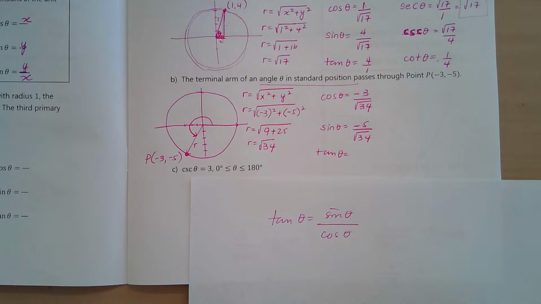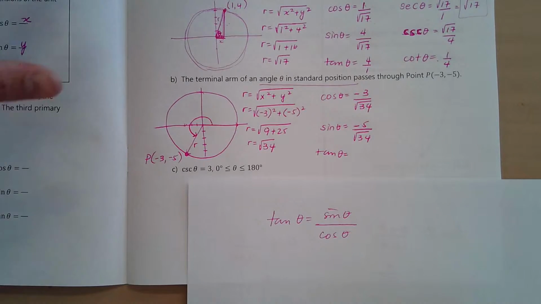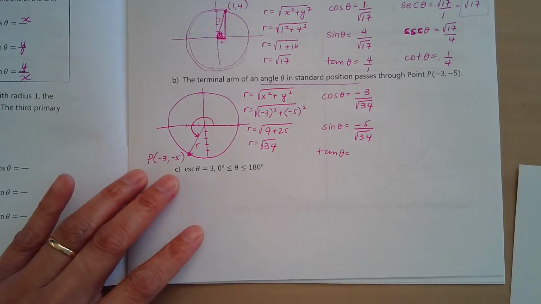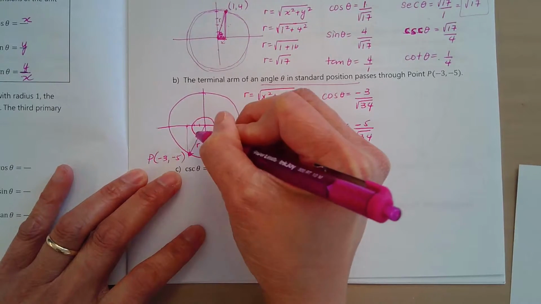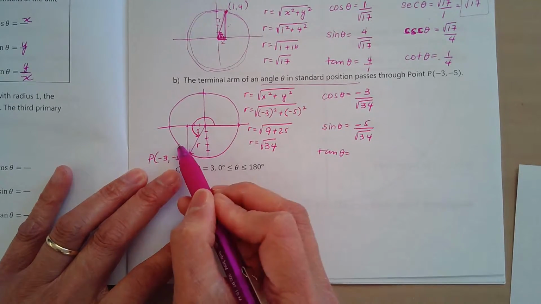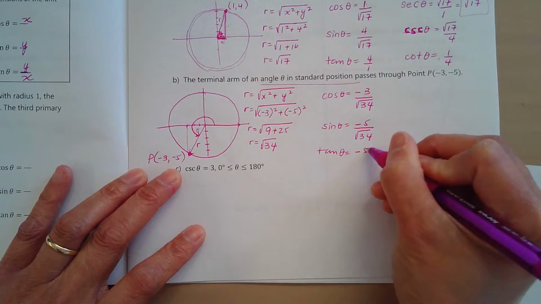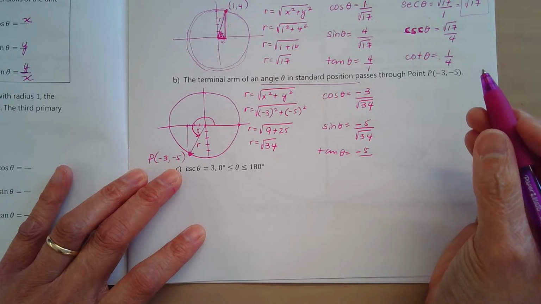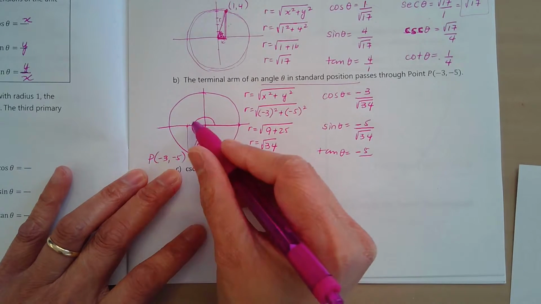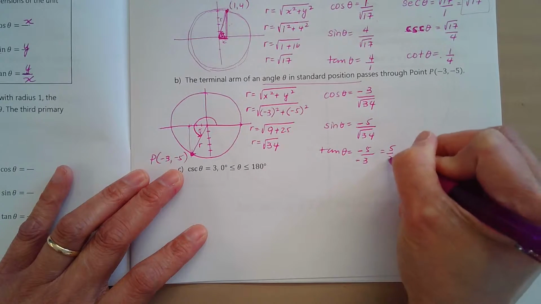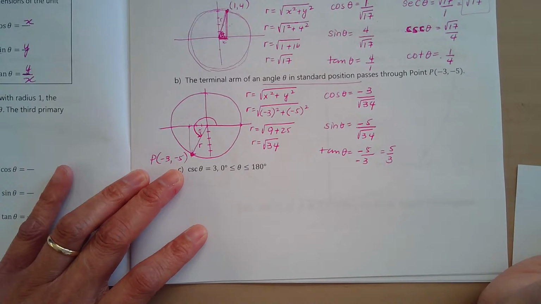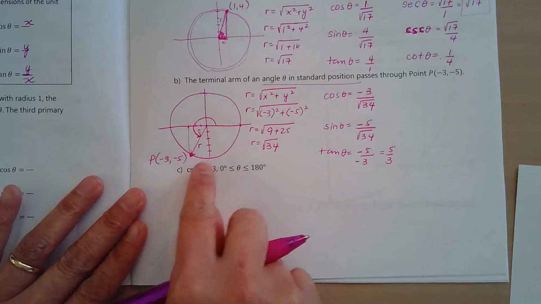I've shown you the shortcut and I'll show you the long cut. So the shortcut is, if this is your angle, opposite would be -5 over adjacent of -3, or you can say 5/3. Right? That's the shortcut. You can get it from here.